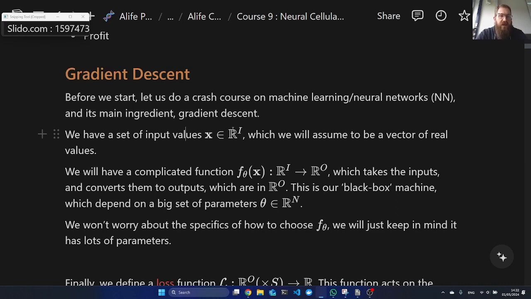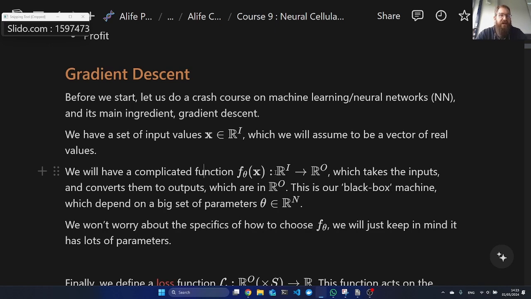So here, in R to the I, we have an I-dimensional input vector, which is what we get for free as an input. You could think of it as an initial condition, for example. Then you have a complicated function, called f theta, which takes your input values and maps them to another vector, the output values, again a vector of reals.